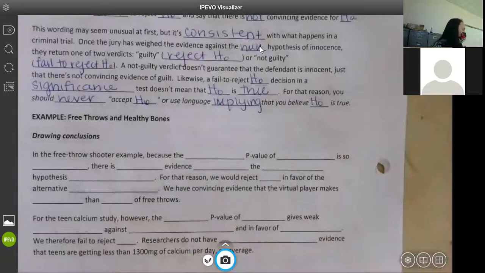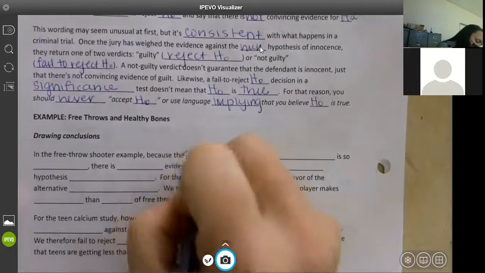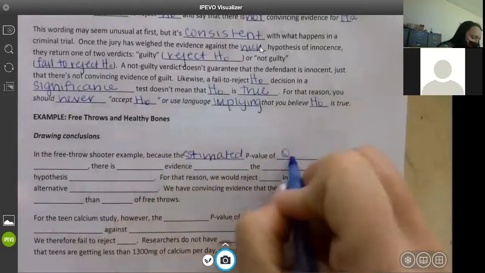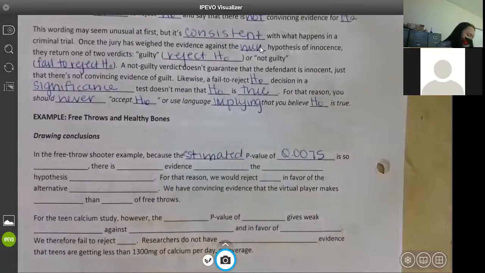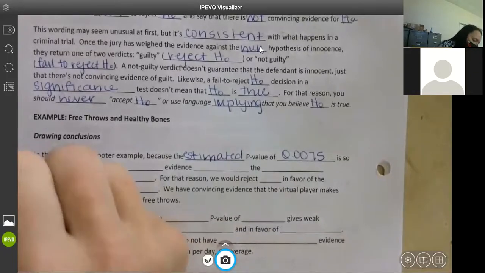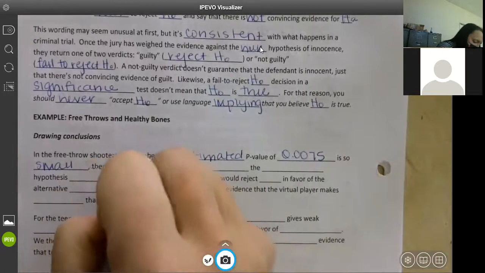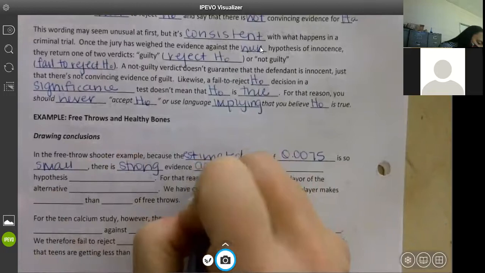So drawing conclusions. In the free throw shooter example, because the estimated p-value of 0.0075 is so small, there is strong evidence against the null.